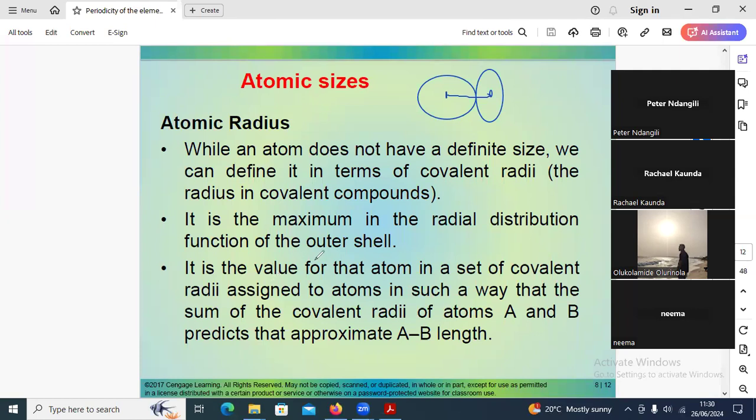So we say that it is the value for that atom in a set of covalent radii assigned to atoms in such a way that the sum of the covalent radii of the atoms A and B predicts the approximate length from A to B, which I'm actually illustrating from A here to B. Okay?